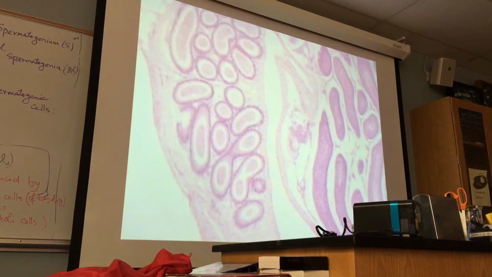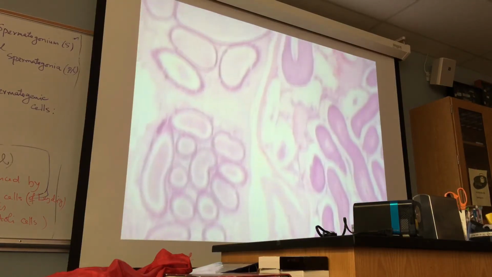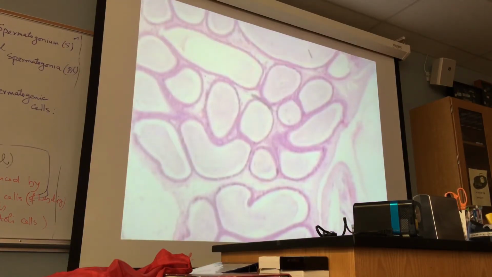Don't confuse seminiferous tubules with epididymis. This is epididymis. In the lumen of the epididymis, you can see those are sperm cells undergoing maturation. This is the tail of epididymis. Here is the body of epididymis.